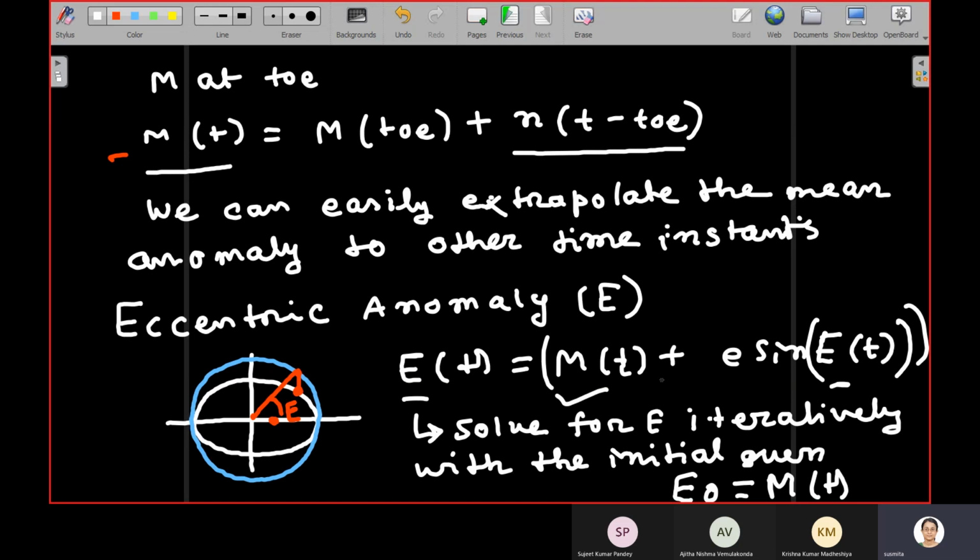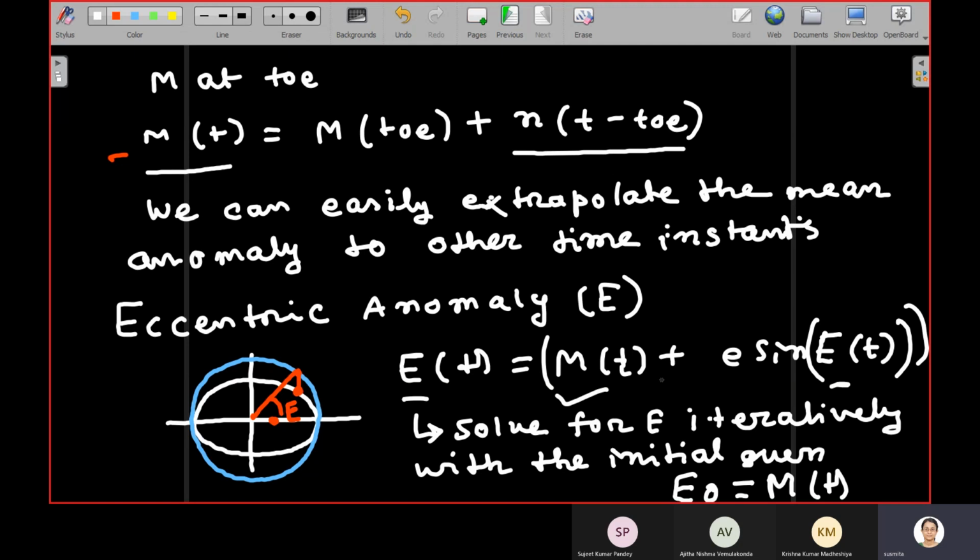This way we do 2 to 3 iterations and find that the difference between the new E and old E is much less than a tolerance. Then we say that the solution has converged. For a near circular orbit, like the one for GPS or IRNSS, the solutions converge within 2 to 3 iterations.